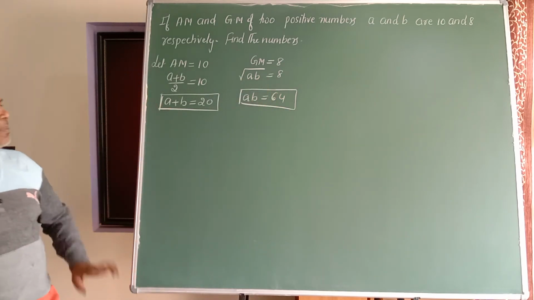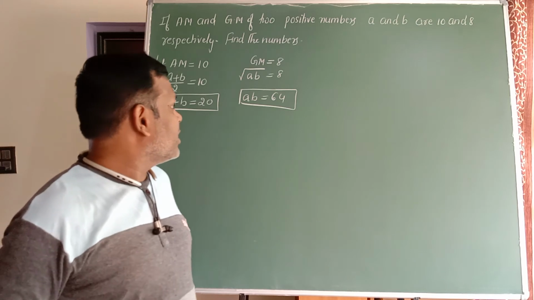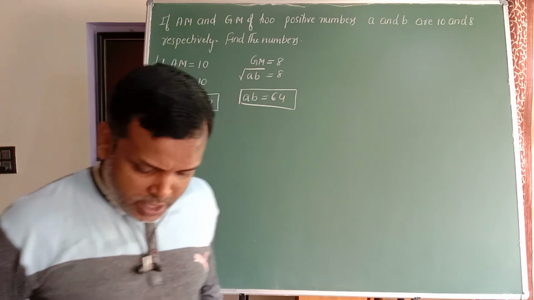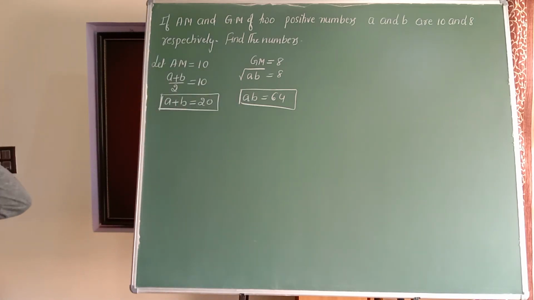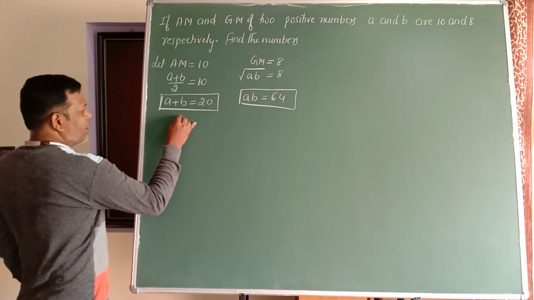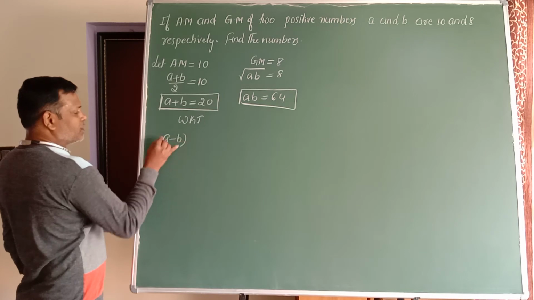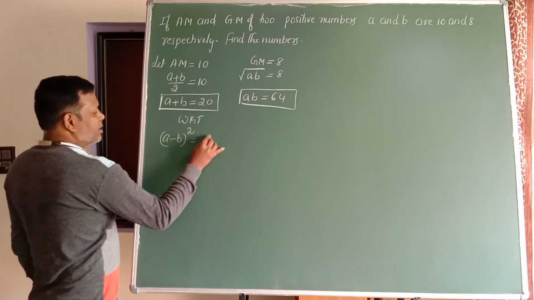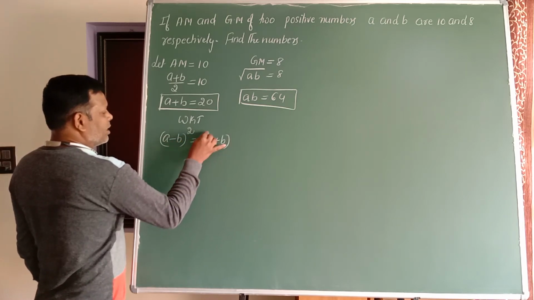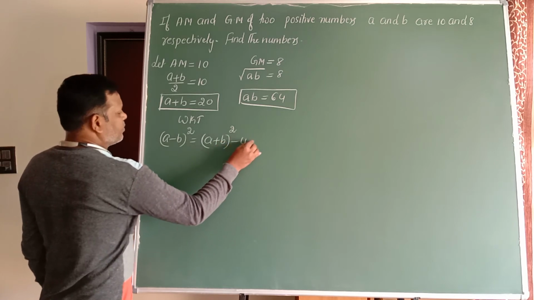Here we have A plus B is equal to 20 and AB is equal to 64. To make the simultaneous equations, we know the formula that (A minus B) whole square is equal to (A plus B) whole square minus 4AB.